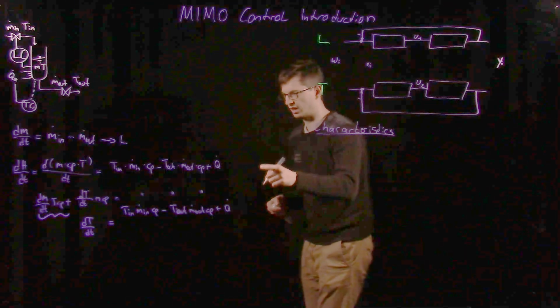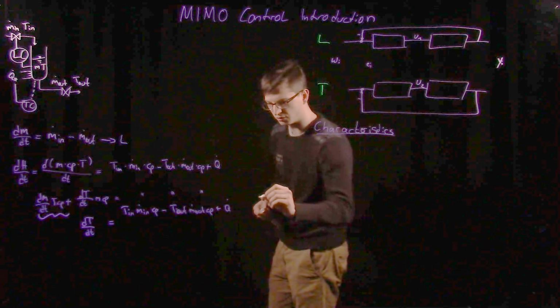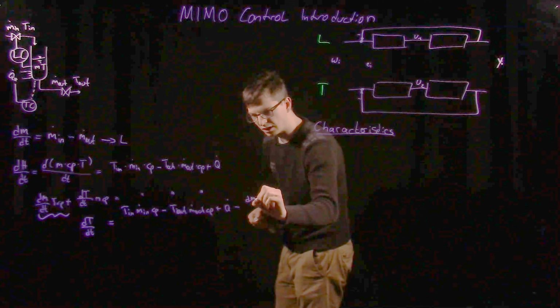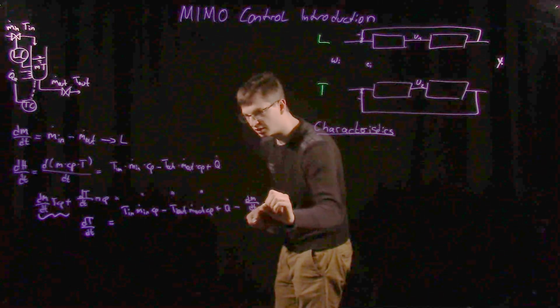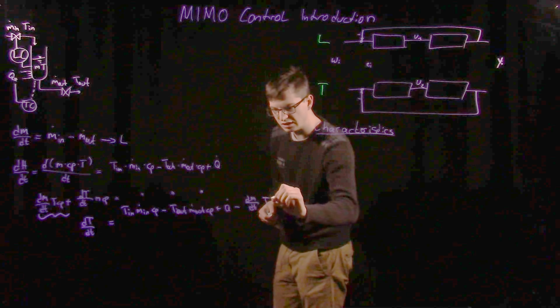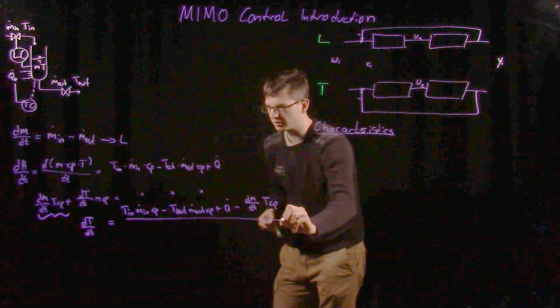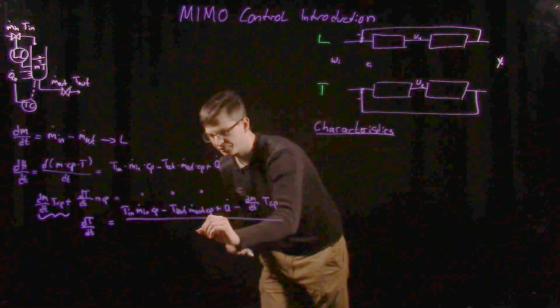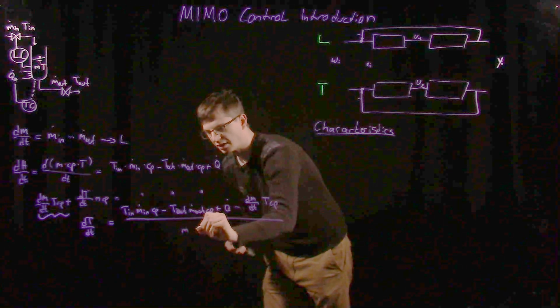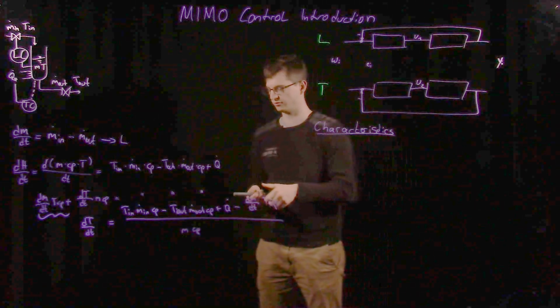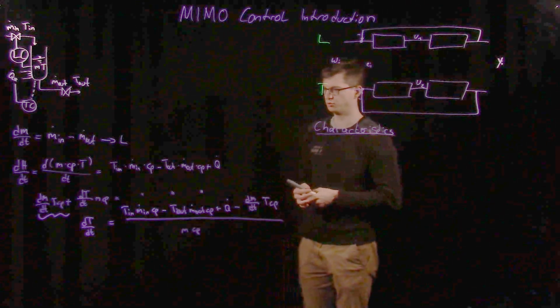And now what? Minus the differential equation for mass. So minus dm over dt times T Cp. And this all divided by m Cp. Okay, so now we have two differential equations that we want to use.